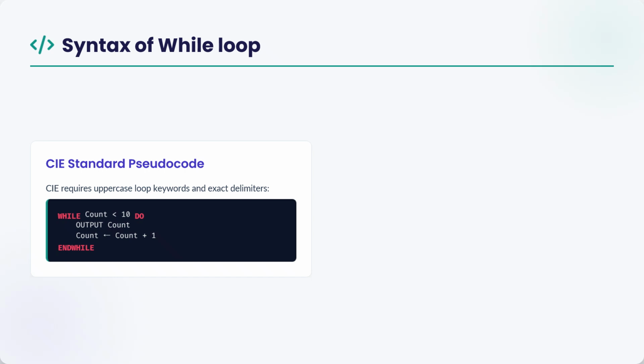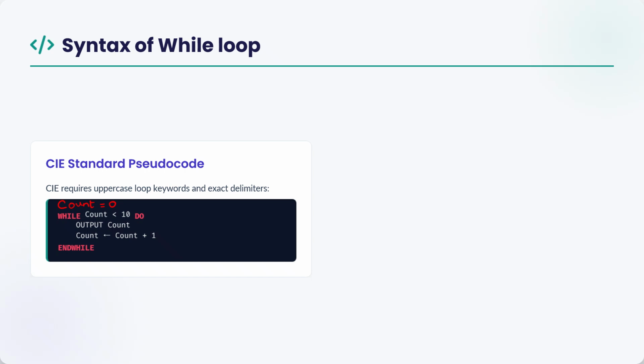Let's consider this example where the value of count is initialized as 0, and as long as the while loop is running, it's going to print the value of count until the count value reaches 10.